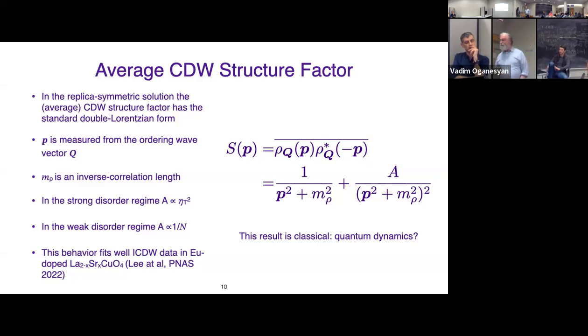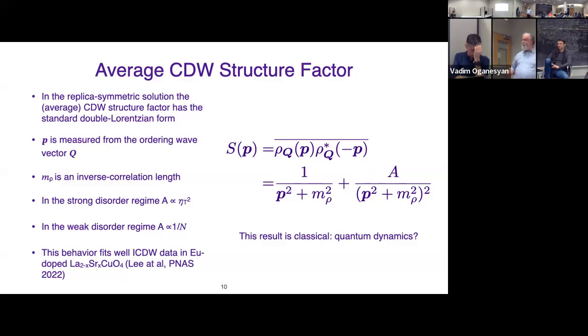Okay, so as I said, this type of expression has been used for a long time to fit data, and recently I collaborated with a group working on this material, where they can actually look at the density correlation function from about 300 degrees down to essentially 15 degrees or something like that.